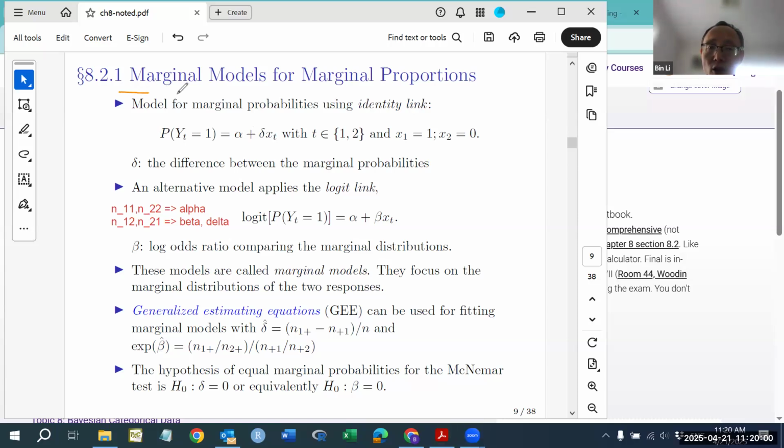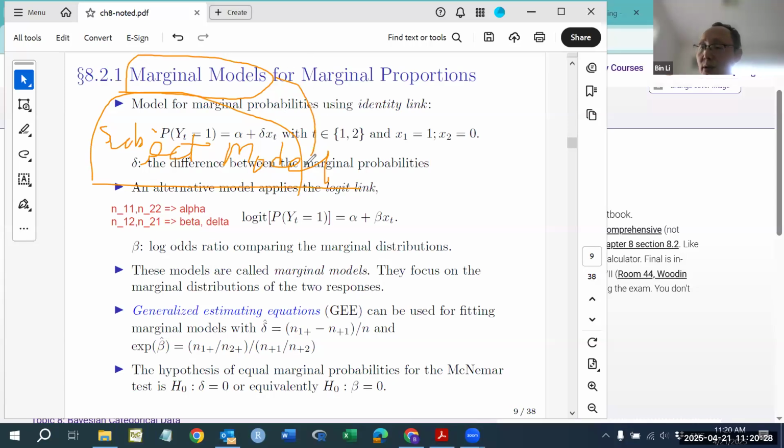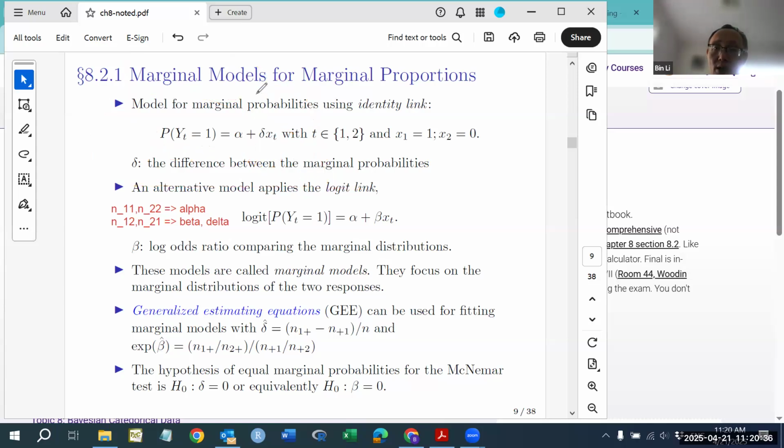One is called marginal models, and the second is called subject-specific models or random effects models. Section 8.2.1 is talking about marginal models, and the next section is talking about the subject-specific models. So these are the 2 modeling approaches for matched pairs.